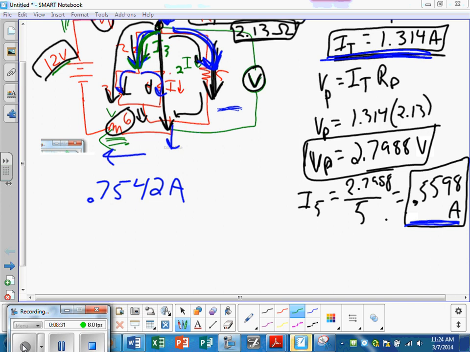So now I know that's how much current is flowing through this resistor right here, which is the 2 ohm resistor. So we said that this resistor underneath all this stuff is a 2 ohm resistor.